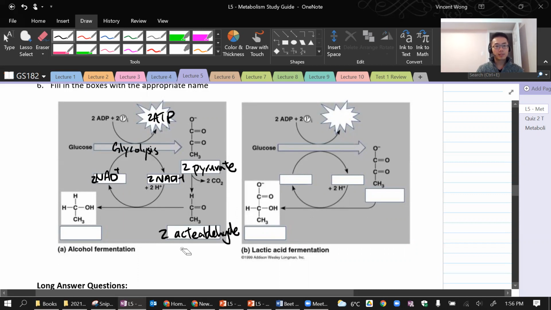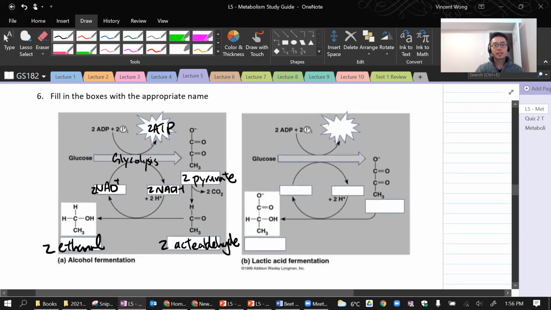You will know what that means when you take organic chemistry next semester. And then the acetaldehyde is going to become the ethanol. So by doing this, you regenerate NAD plus so that glycolysis can keep on going and you will keep on creating 2 ATP. That's what happens in the yeast and the bacteria.